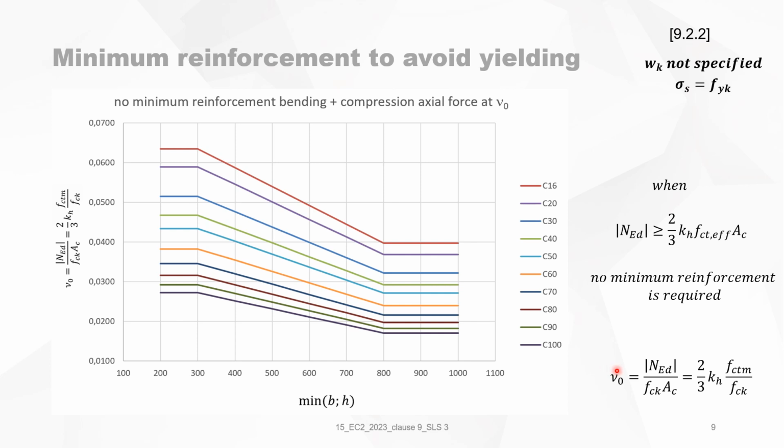And we put it into a graph where on the x-axis it's the minimum of the cross-sectional dimensions, width and depth. And on the y-axis, it is the non-dimensional compressive force that leads to no minimum reinforcement. And you can do that for different concrete qualities, going from C16 up to C100.